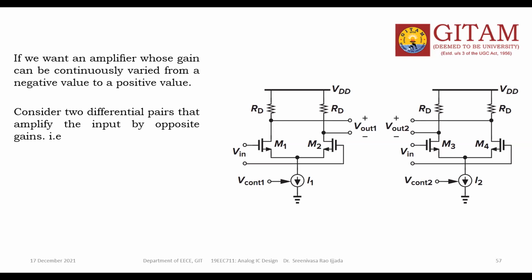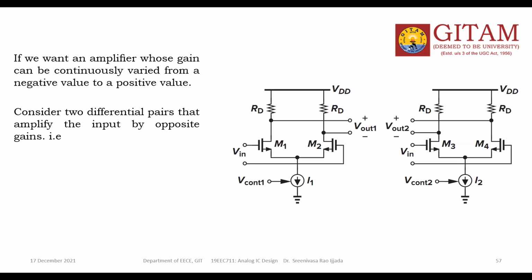How can you get that larger range of variable gain? Here is the basic circuit. In this circuit, we can see two differential pairs, one on the right hand side and one on the left hand side, with two tail currents controlled by V control 1 and V control 2.